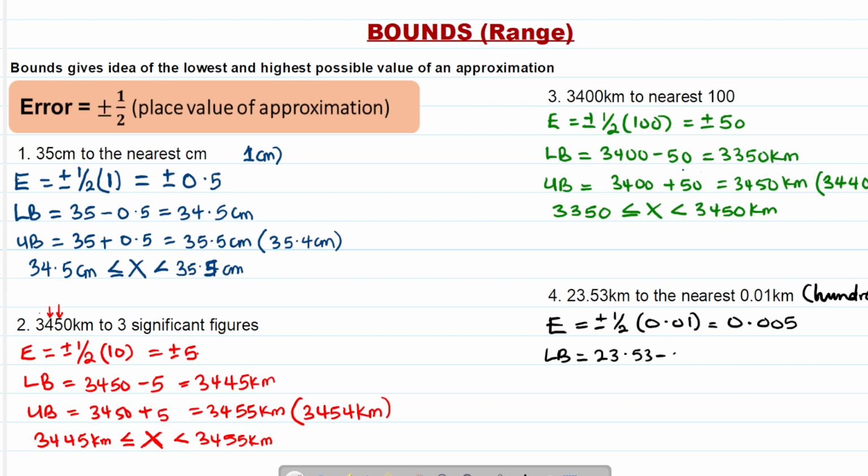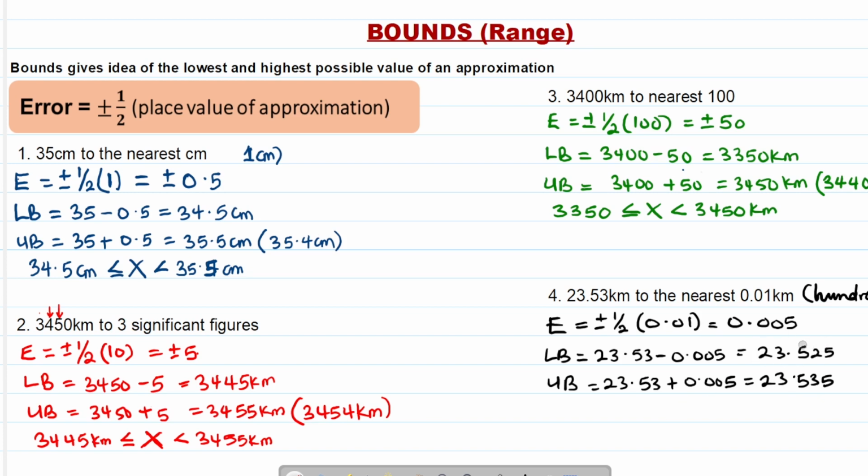Now, the lower bound for the measurement will be 23.53 minus 0.005, and that will give us 23.525. While for the upper bound, we are going to have 23.53 plus 0.005. Again, that will give us 23.535.